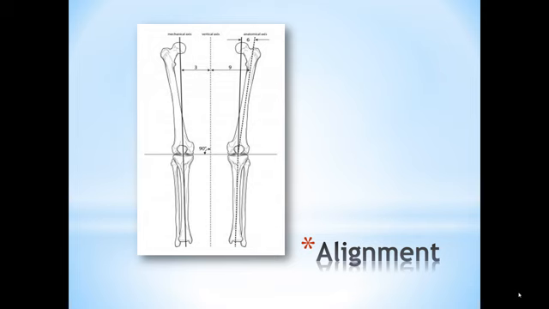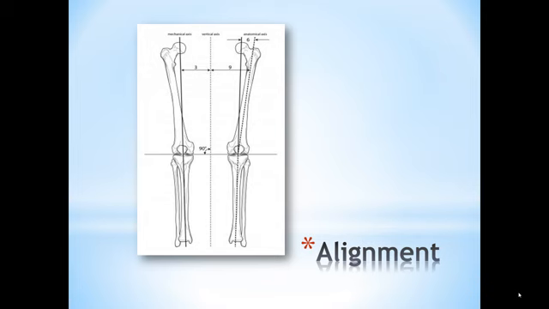And the answer is really a little bit of both. So we have this genetic predisposition to normal alignment. You can blame your parents on that. But if we have a knee position that's excessively varum or excessively valgum, what tends to occur is we may end up with increased tensile or compressive forces through the medial or lateral compartment, depending on if we're in a valgum position or a varus position.